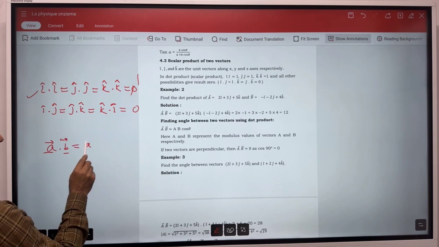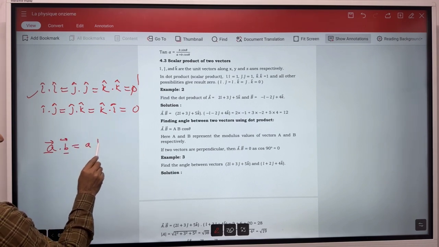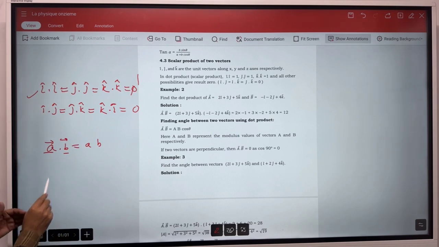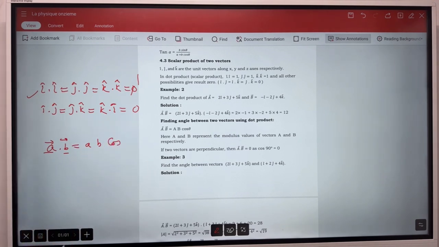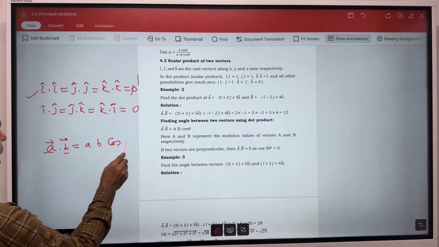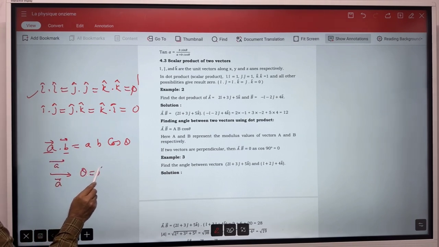So suppose we write magnitude of first vector as A and then magnitude of second vector as B, and then cos of angle between them. So cos theta.